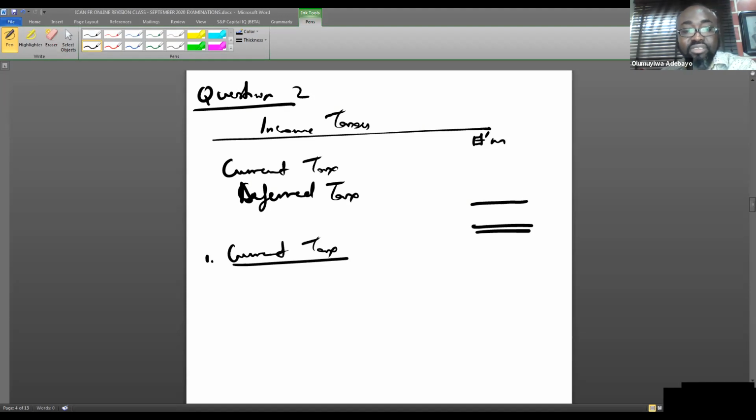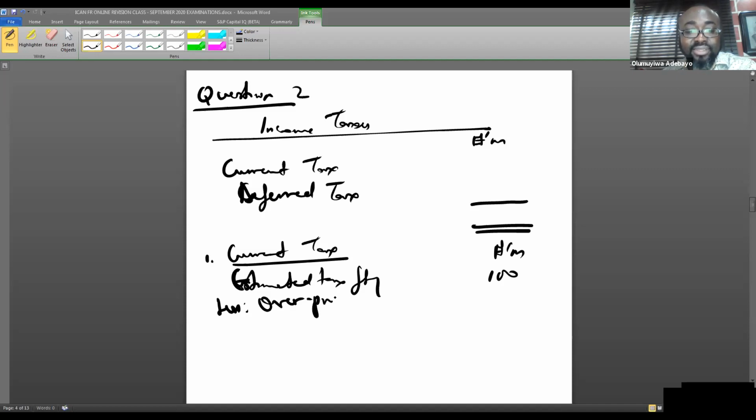The information given to us is that the current year estimated tax stood at 100. And we had an over provision against last year. Over provision means we have paid more.